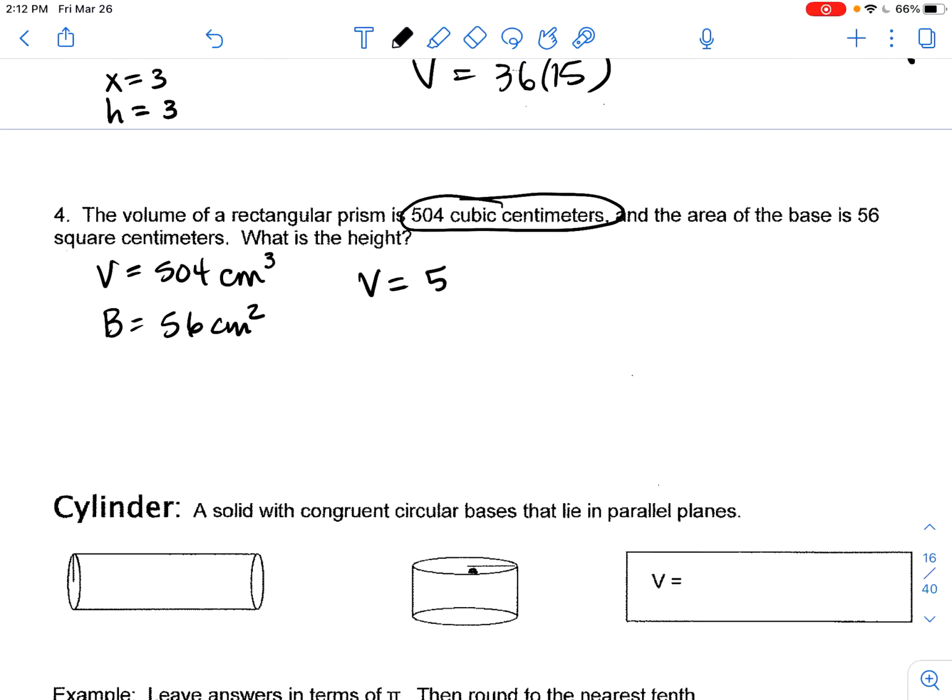Well, volume is just base times height. Oops, what am I doing? Setting that up totally wrong. Volume is base times height, and we just need to divide both sides by 56, and the height is equal to 504 divided by 56, and that's 9 centimeters.